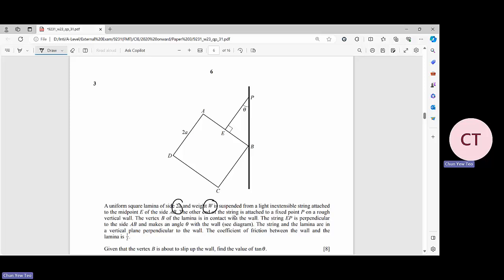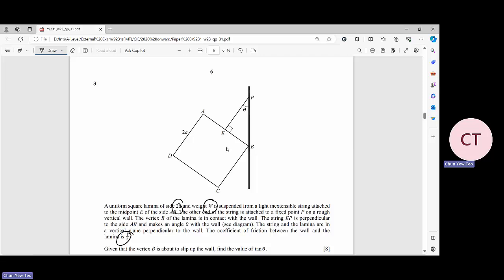The other end of the string is attached to a fixed point O on a rough vertical wall. The vertex B of the lamina is in contact with the wall. The string EP is perpendicular to the side AB and makes an angle theta with the wall. The string and the lamina are in a vertical plane perpendicular to the wall. The coefficient of friction between the wall and the lamina is half.